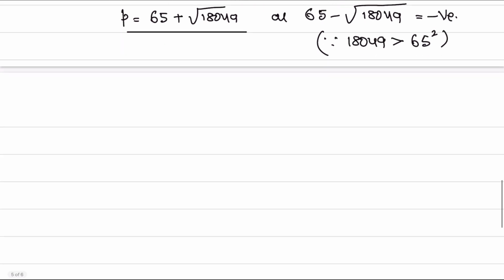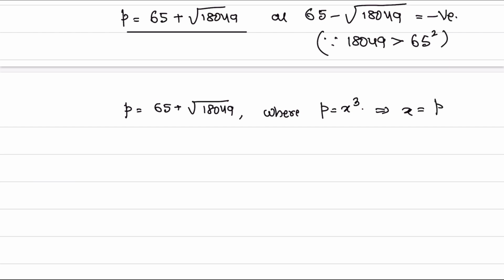Now, P is equal to 65 plus square root of 18049, where P is equal to x cube. Now, it implies x is equal to P to the power of 1 by 3.